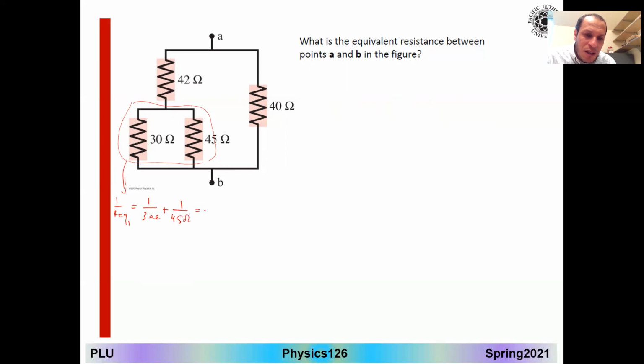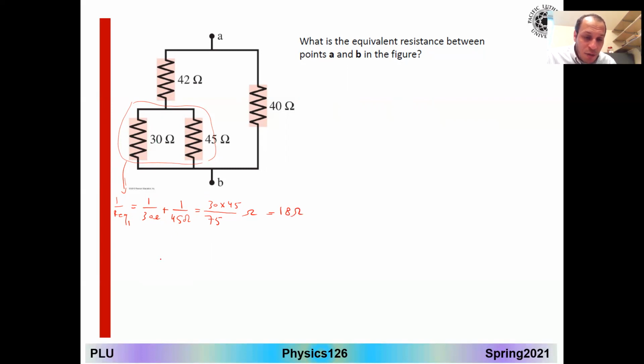If you want to do it an easy way, multiplication divided by addition: 30 times 45 divided by, adding those together, 75. If you calculate this number, you end up with 18 ohms, again less than 30.